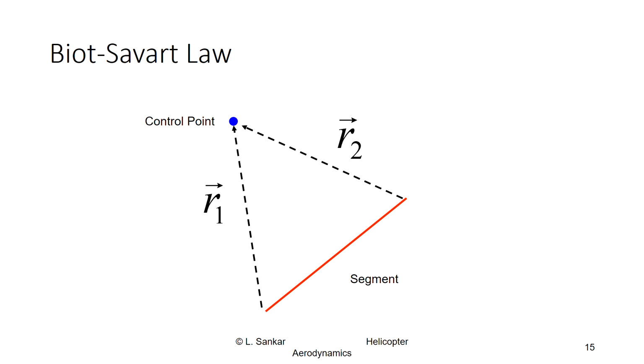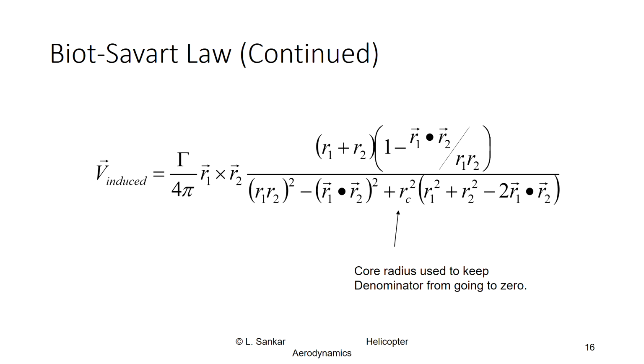So connect the two tips of the straight line segment of the tip vortex by position vectors r1 and r2 as shown here. Once you have it, the induced velocity at that control point is given by this relationship. It comes from the Biot-Savart law, which is derived in a classical textbook in aerodynamics. We are not going to derive it in our course.